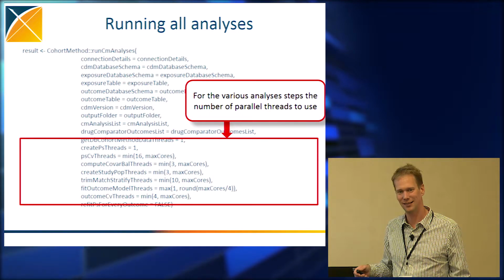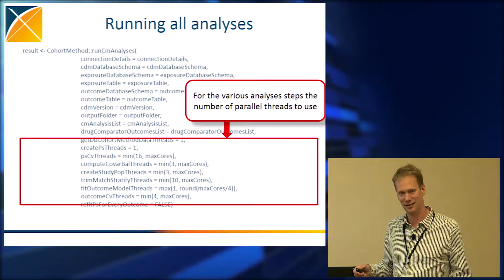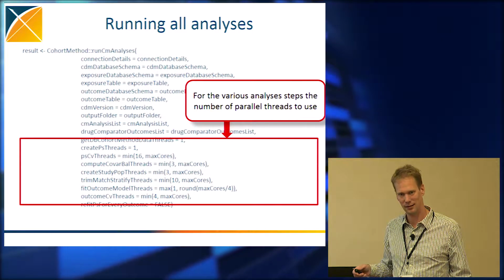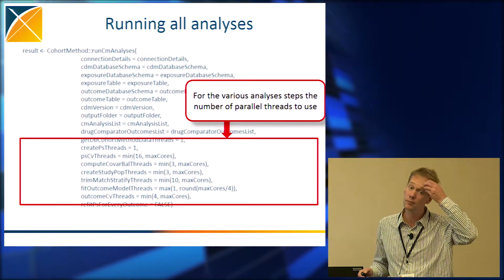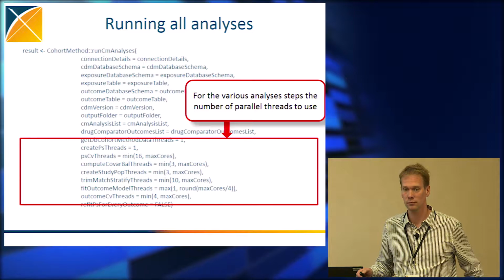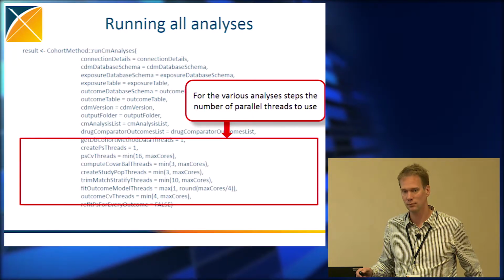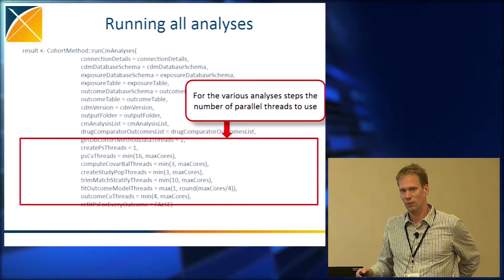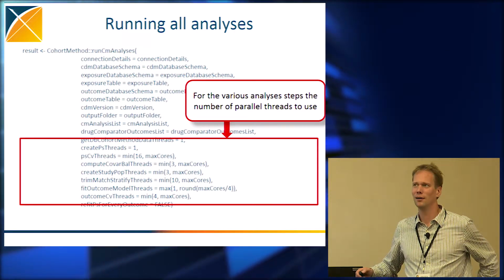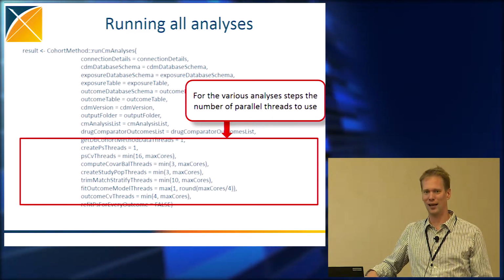Do the comparisons have to be made of cohorts from the same data sets, or is there a way to compare results from, let's say, PCR and CCAE data sets? No, they have to be.